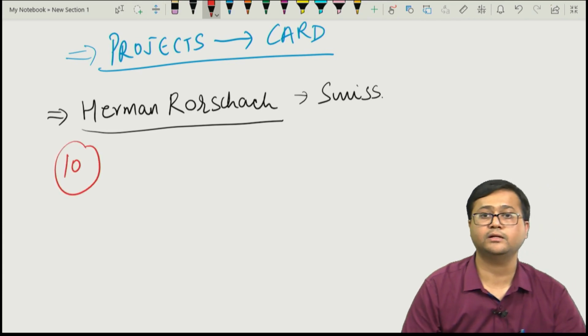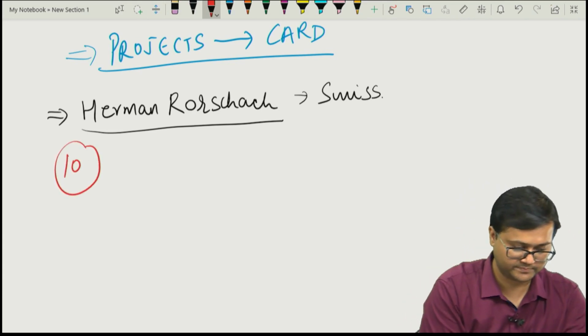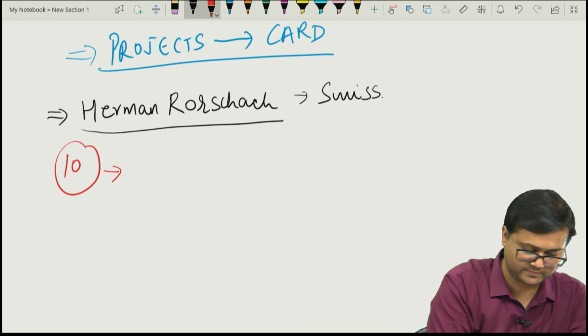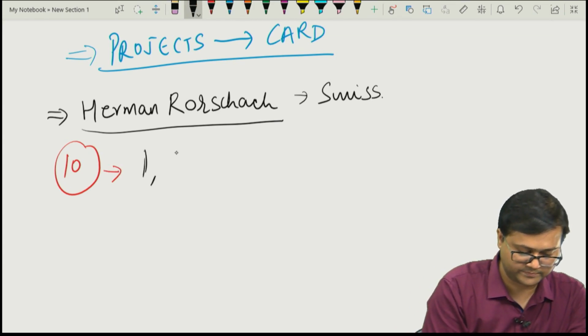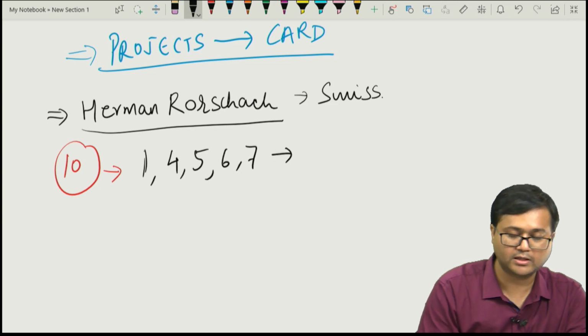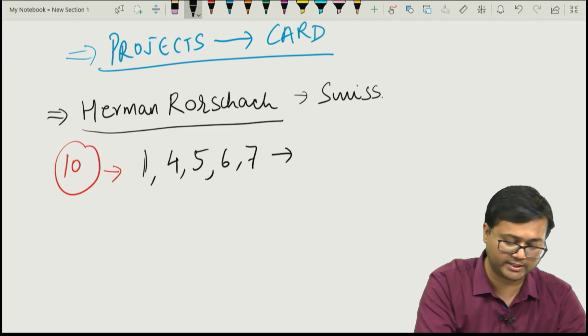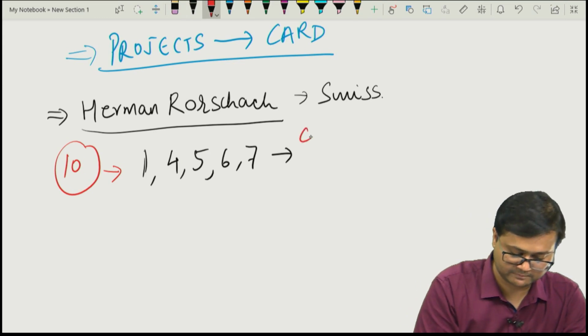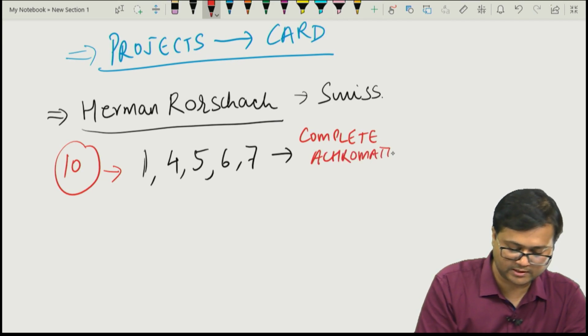There are 10 ink blot cards. Card numbers 1, 4, 5, 6 and 7 are complete achromatic cards, so they are black and white.